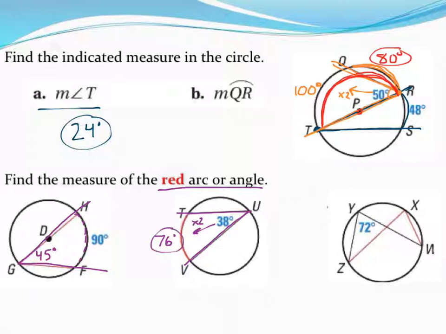And last up on this screen, this is kind of an interesting problem. Take a look at the inscribed angle they give us right there. It's 72 degrees, and they ask us to find the other angle. Well, I call these the spotlight problems because I kind of imagine this as a spotlight. And what I notice is that both angles kind of spotlight or intersect the same arc.